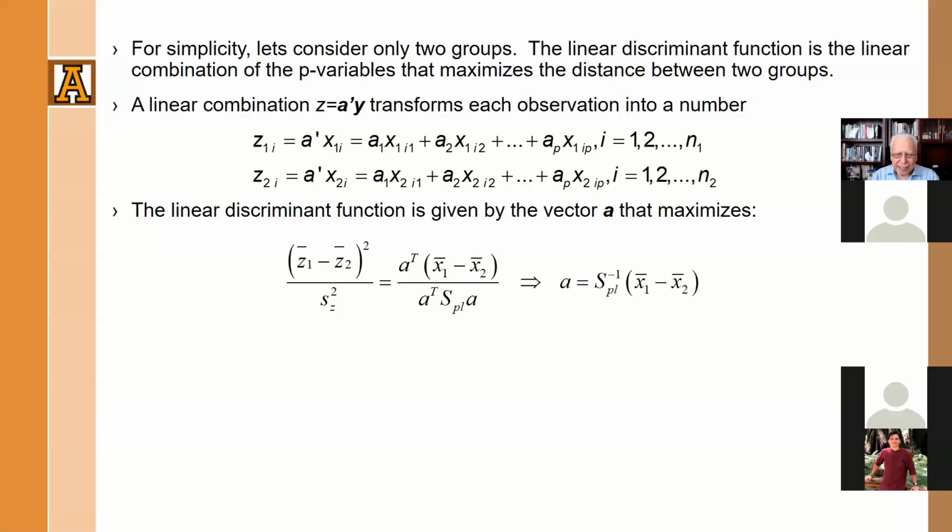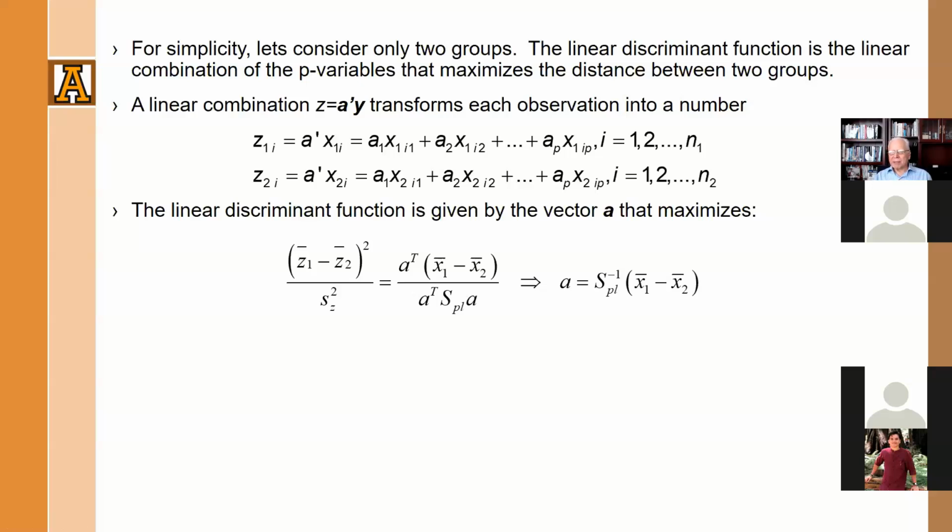Essentially, the linear discriminant function that we saw earlier, the delta sub k, is going to be given by the vector of a's, of constants. These are the parameters of the model that maximize the distance between the transformed means.